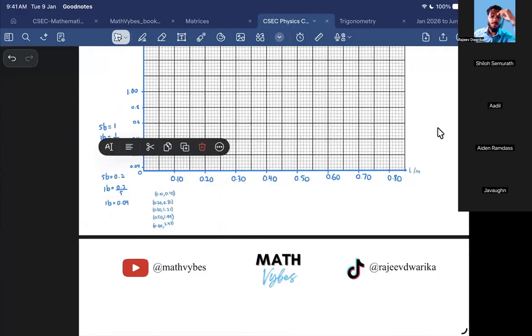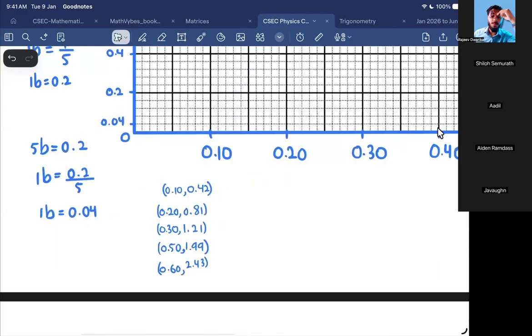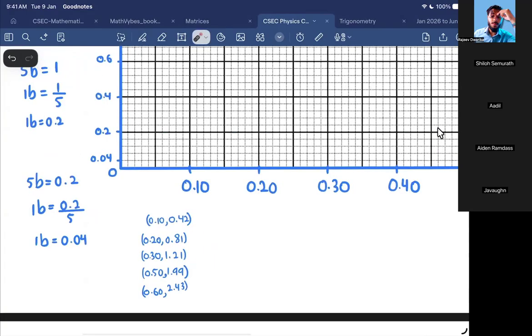The first point is 0.1, 0.42. So Adel, I'm gonna go by the 0.10 and I'm gonna move up till I reach what? 0.42. Good. So 0.10 is here and I'm gonna go up to 0.42.